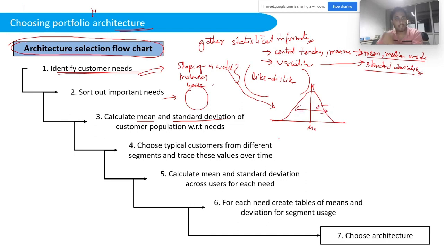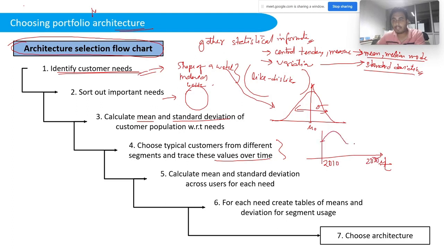Next, over a period of time, does this particular need change or not? If you take time from 2010 to 2020, does the population change?